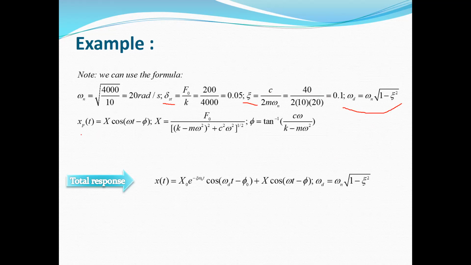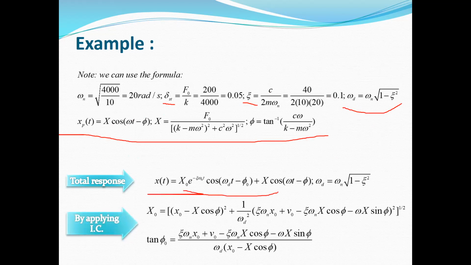Then you can substitute into the equation for the particular response, and also find the homogeneous response by using this equation and finding x naught and phi naught. So it's up to you, and you can use these forms and this formula to find the response.